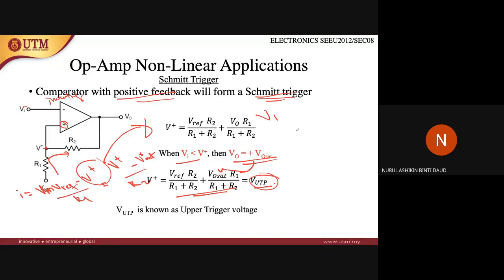So when the signal is like this, since VI is lesser than V reference, it means it is at the negative cycle, so it will produce the VUTP. UTP here is the short form of upper trigger voltage.